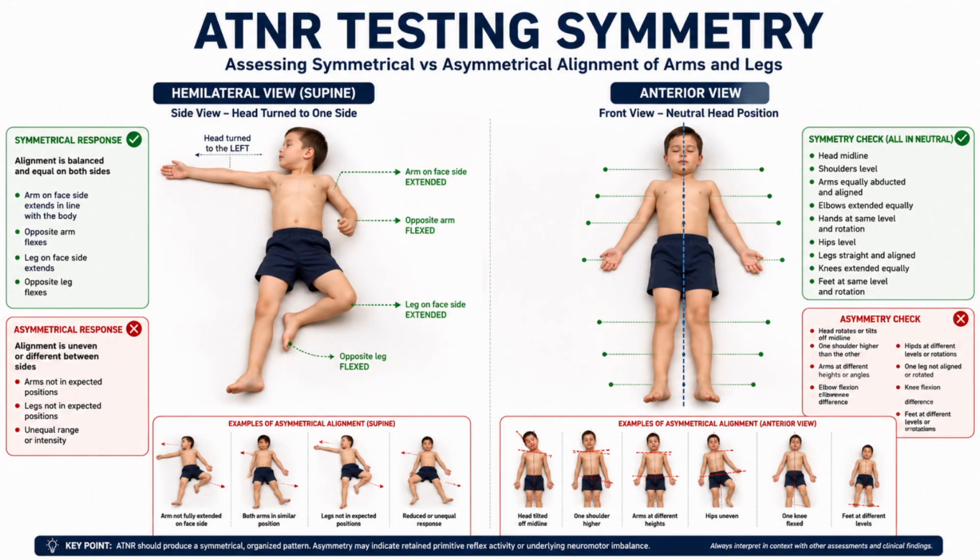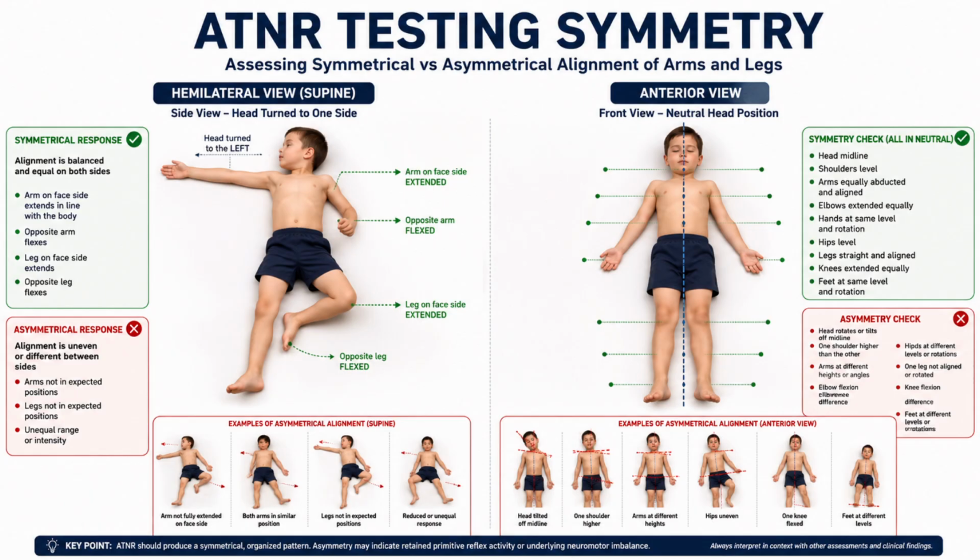And another thing that you're gonna see with ATNR is asymmetry. To check the symmetry, basically you're just gonna look at the symmetry of their legs. So I'm just gonna show you how to check the symmetry of their legs. You ask them, laying down, hey, can you lay down your head? So basically, how's my symmetry?